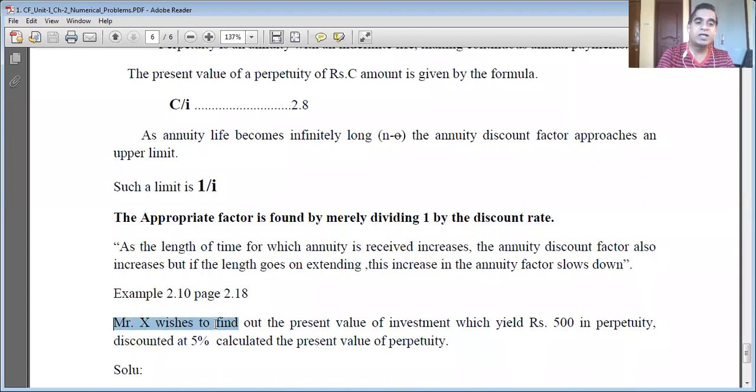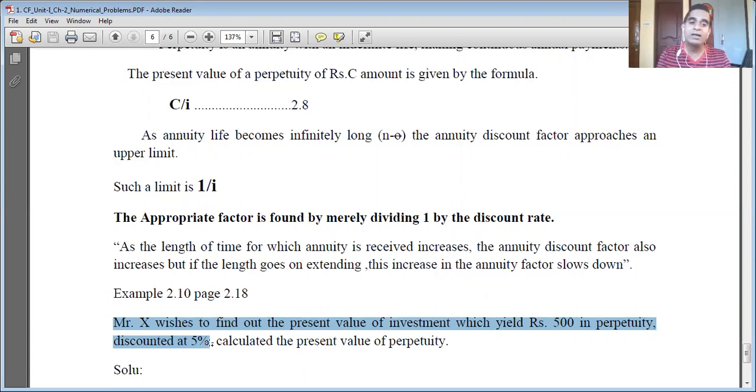Mr. X wishes to find out the present value of an investment which yields 500 rupees in perpetuity, discounted at 5%.